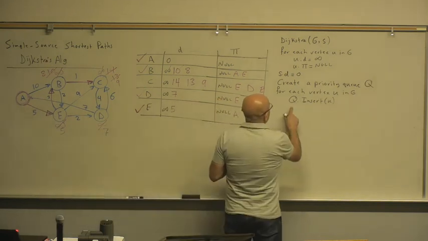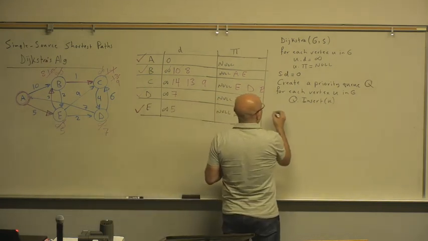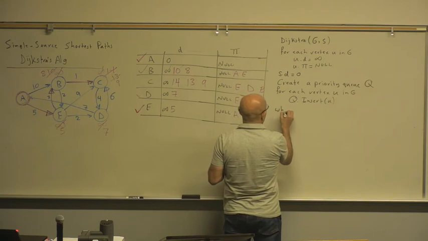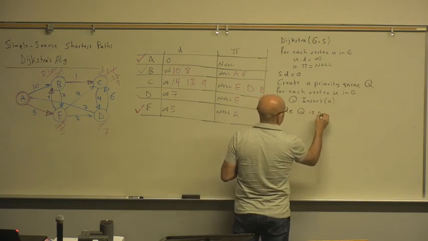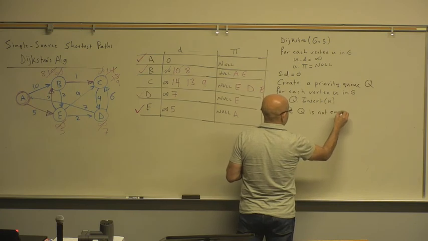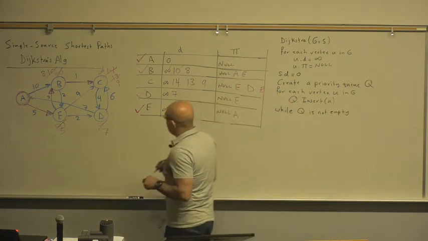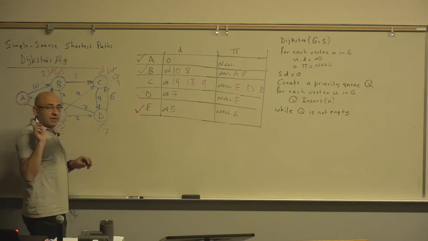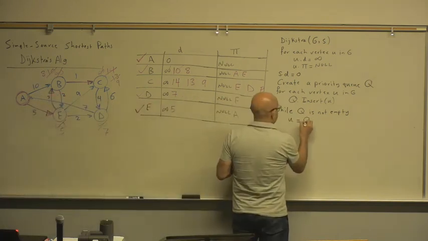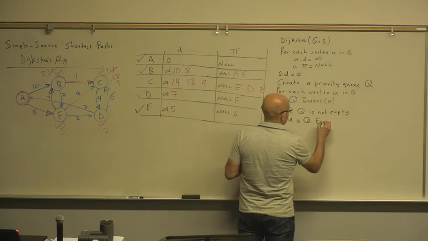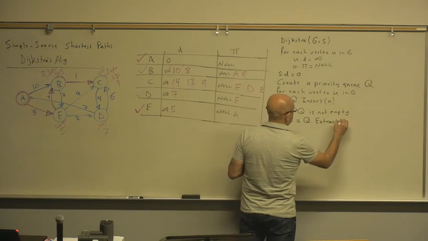Okay, so then we'll have a loop while Q is not empty. We extract one vertex at a time. So we do u equals Q.extract-min.